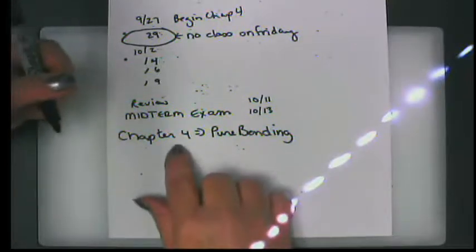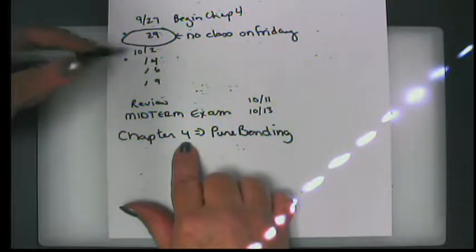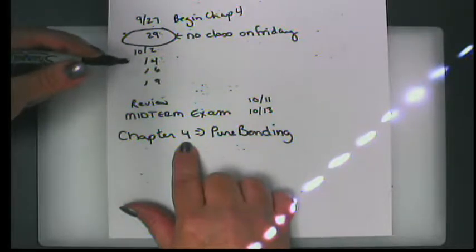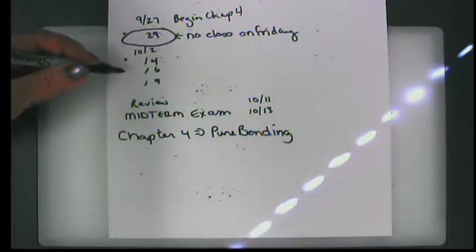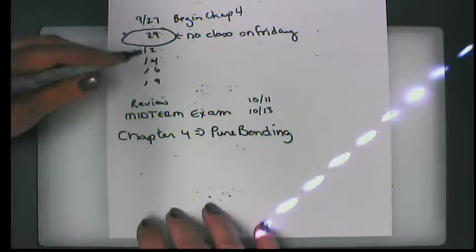Pure bending is a type of configuration that does not happen routinely in real life. It's actually coupled with a different type of geometric configuration, but we are not going to use that at this time. We're going to break it down and isolate one of them first.